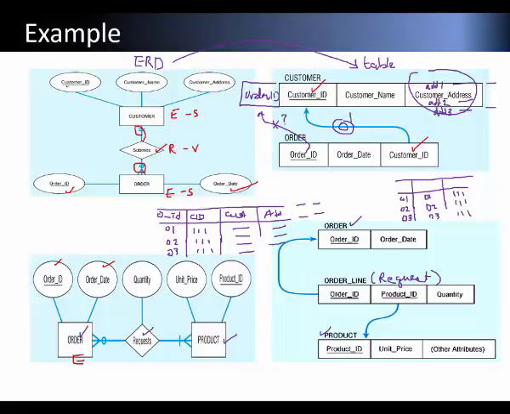Attributes of the key of one entity will be shared in another. That's what we said here. But in this case, it's much more straightforward. Order table has 2 columns, and product has 2 columns. This is not shown here, but assume that there's additional.